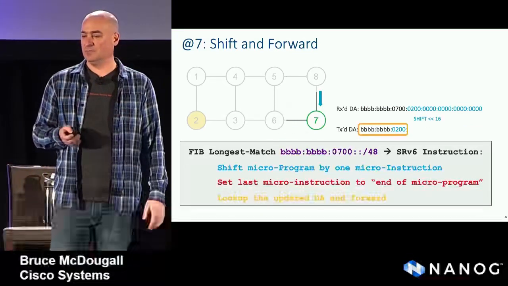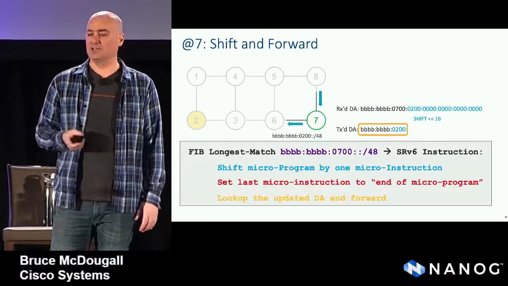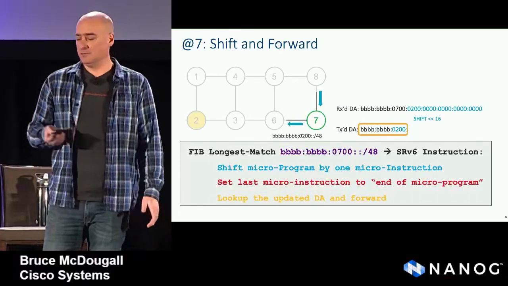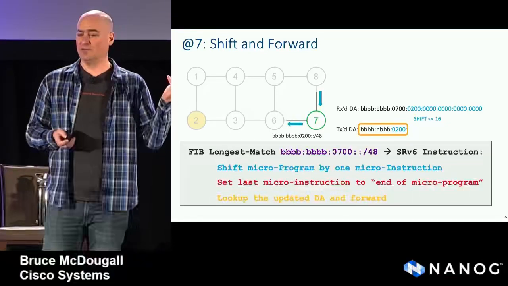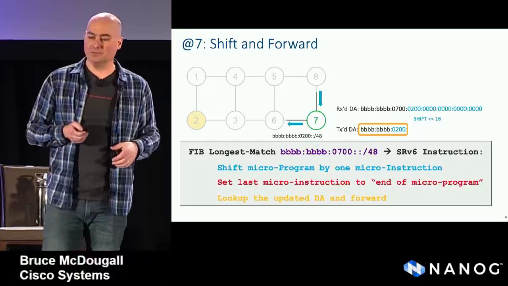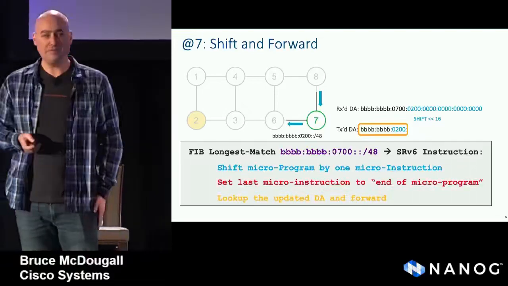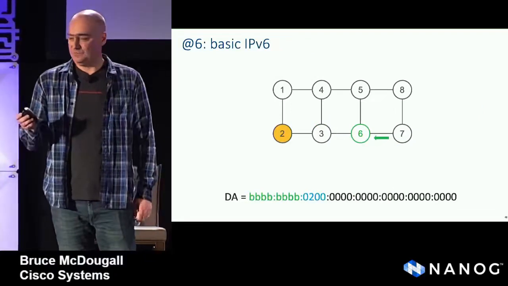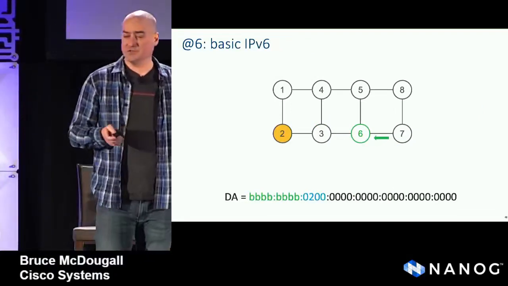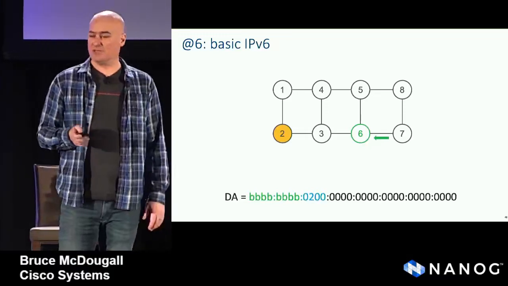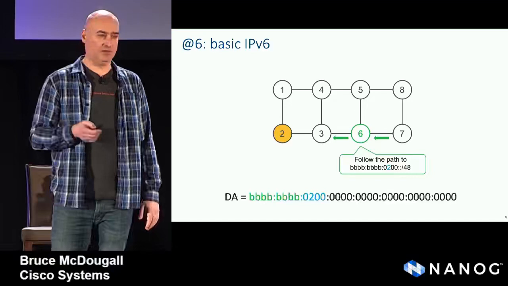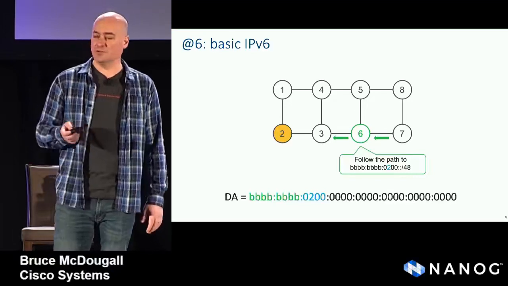Then it does a lookup on the new, longest match, which happens to be a /48, the advertisement that the entire network got from router 2. So it does the lookup and forwards accordingly. And then as we go through routers 6 and 3, we're back to IPv6 routing at this point. These guys don't have to be SRv6 aware, they're just following their ISIS path to router 2.